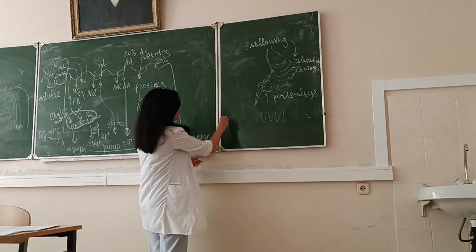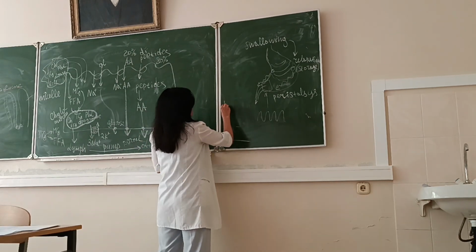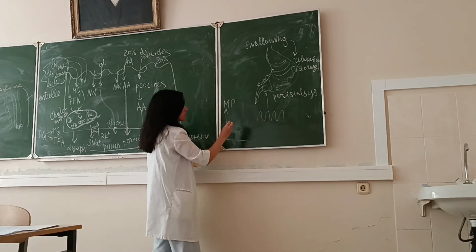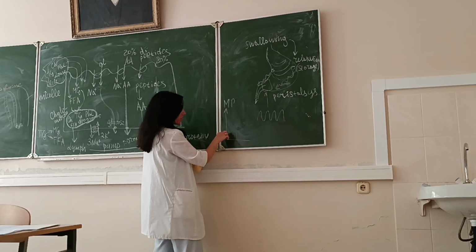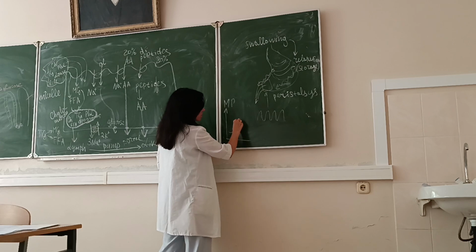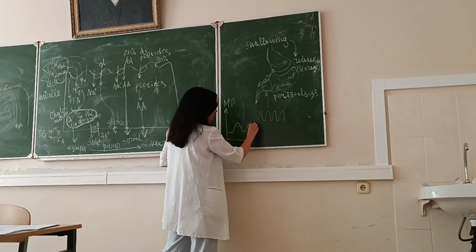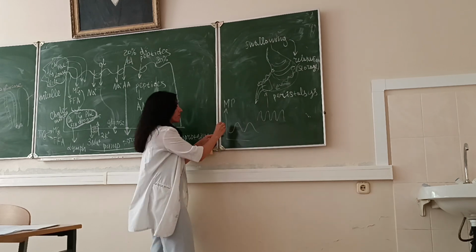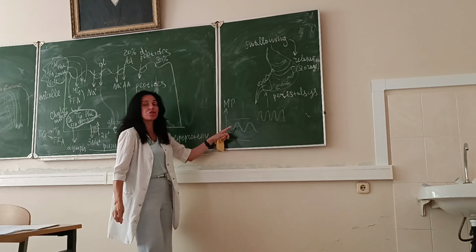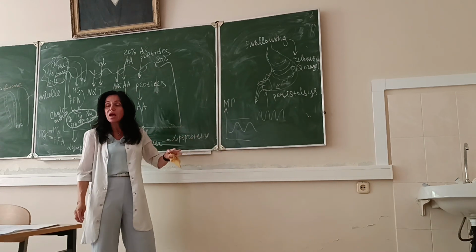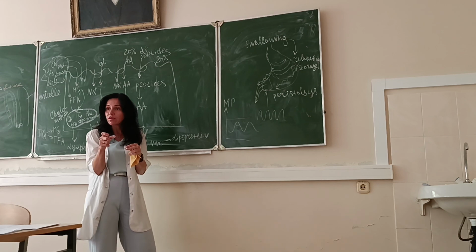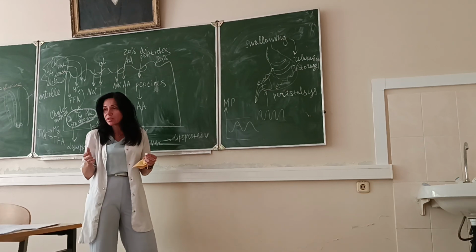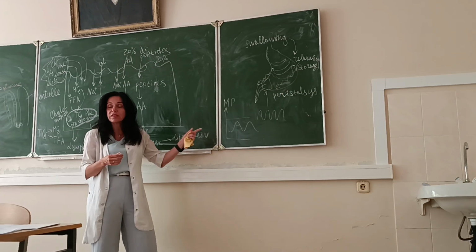If I draw the membrane potential of smooth muscles during tonic contraction: resting membrane potential, then slow waves. The slow waves don't reach threshold, don't have spikes, and there is no visible shortening. You cannot see anything in the intestine.